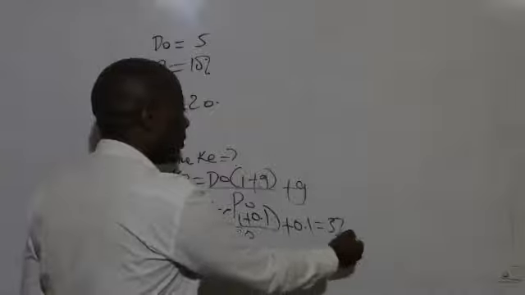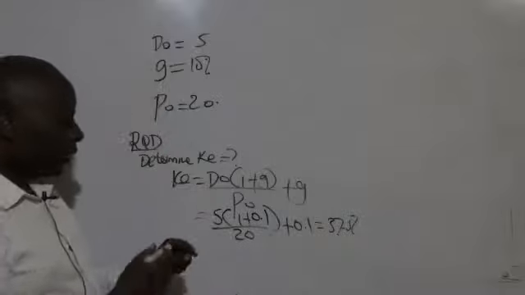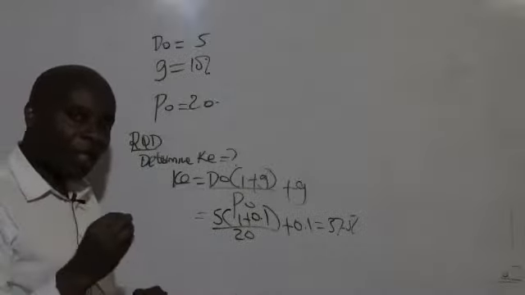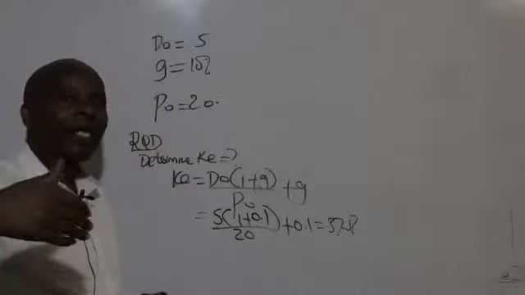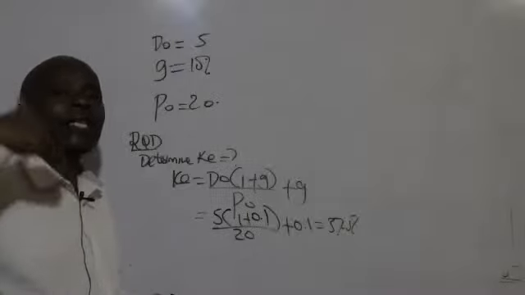Now I want to explain something very nicely here. When it comes to cost of equity or valuation of shares, we prefer always working with dividends that have not been paid, what we call futuristic dividends.